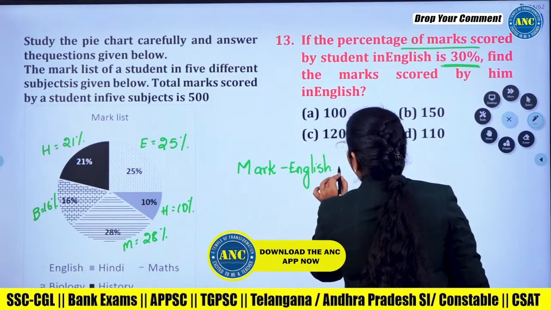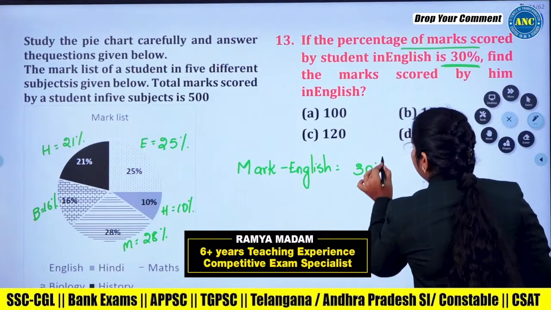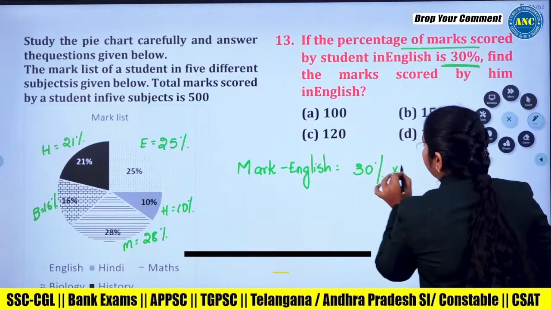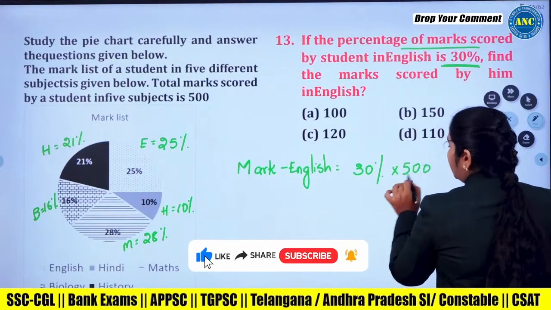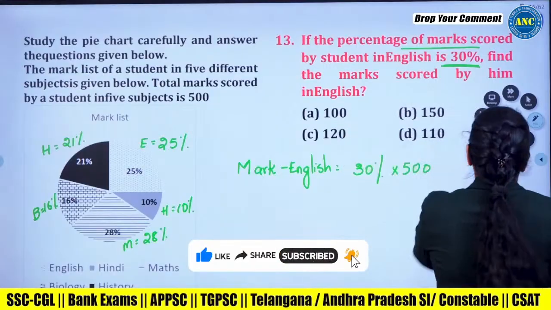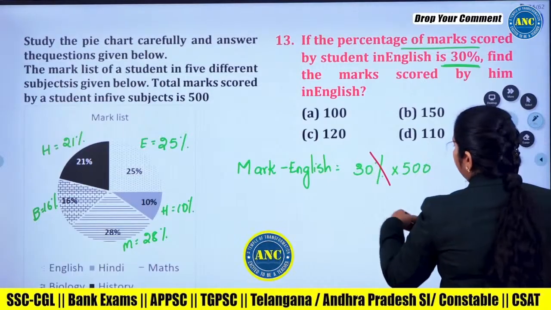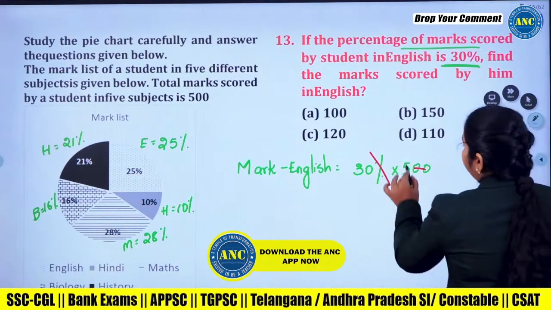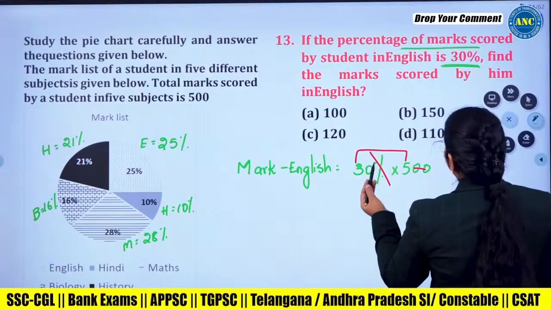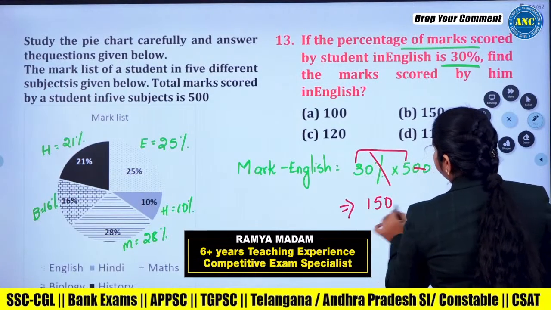That is the percentage they have given: 30% of 500, the total marks. Do the calculation: the percentage and zeros get cancelled, 5 3s are 15, so 150. The answer is 150.